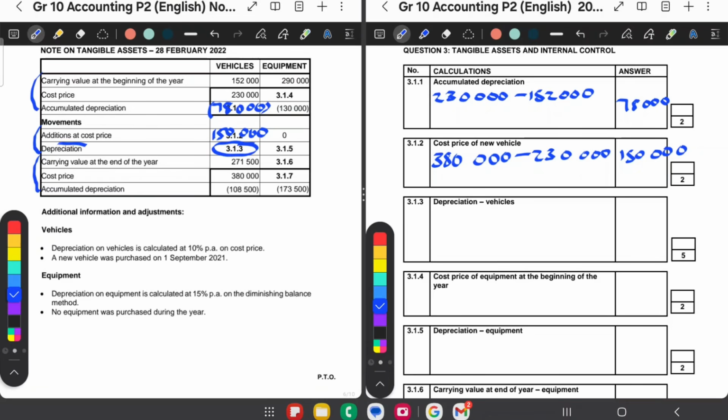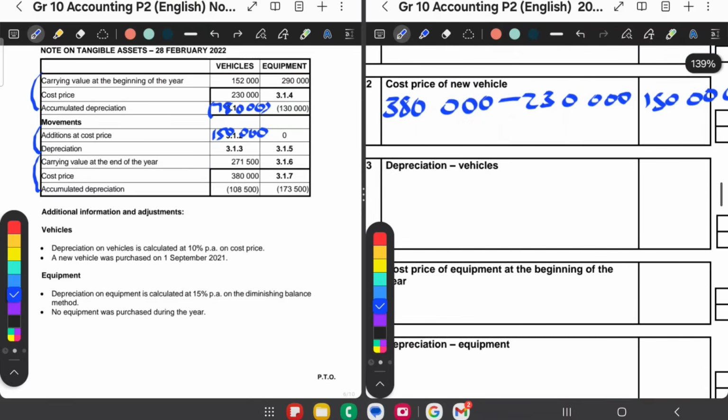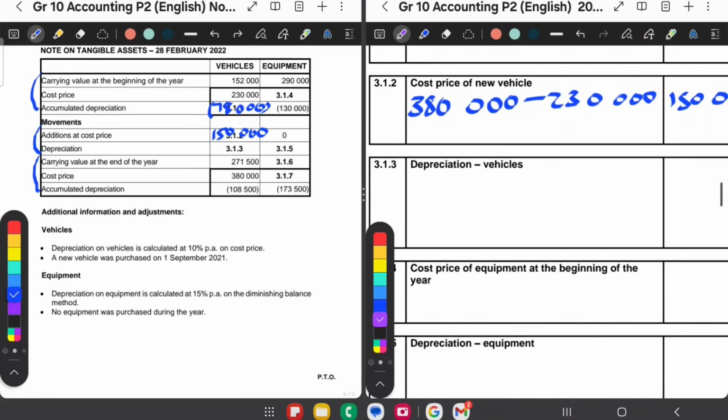3.1.3 is depreciation, but this is only on vehicles. So we have to work out depreciation on vehicles. Now, we bought new vehicles. So for depreciation, let me make this bigger. We are going to work out depreciation on old vehicles, so that's at the beginning of the year. And then we're going to work out depreciation on new vehicles, and we're going to add those two amounts.